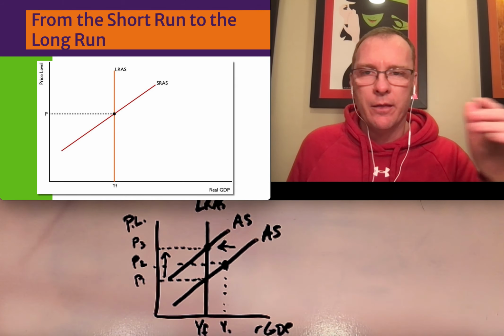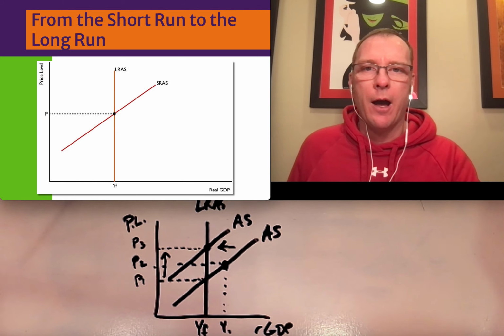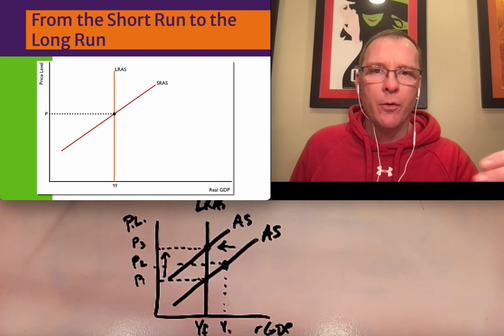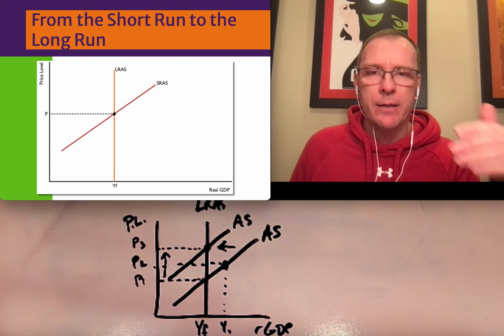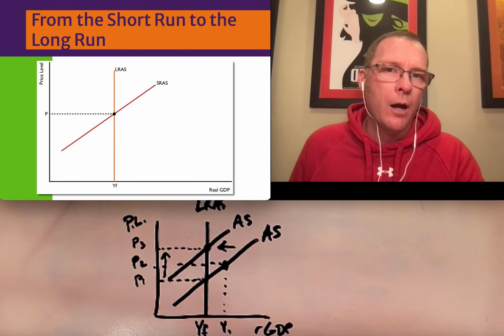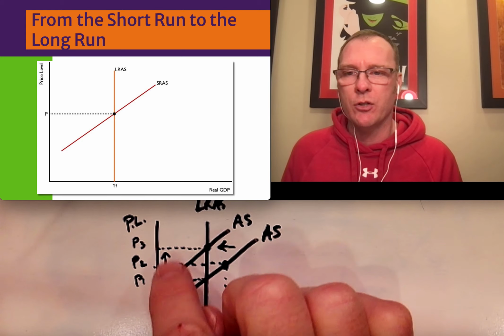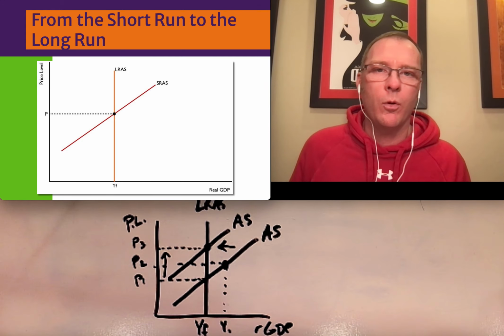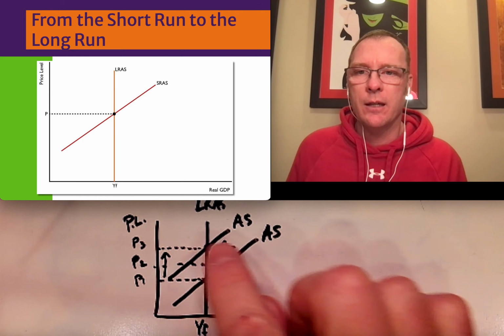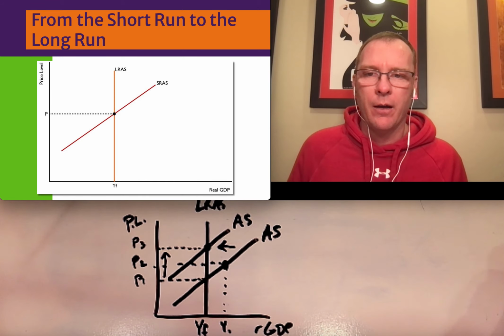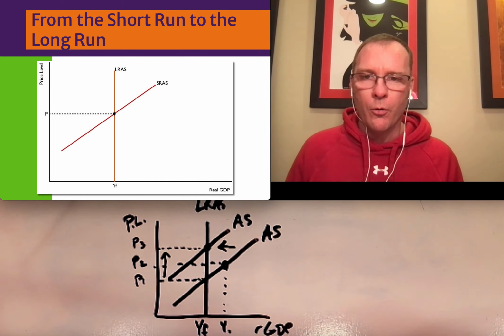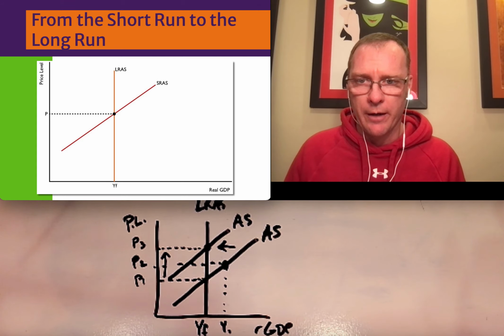But here's the thing. You have a job and you have a raise. So because of those factors, you aren't too worried that this inflation happened. So that's the whole process of seeing this short run aggregate supply, long run aggregate supply.